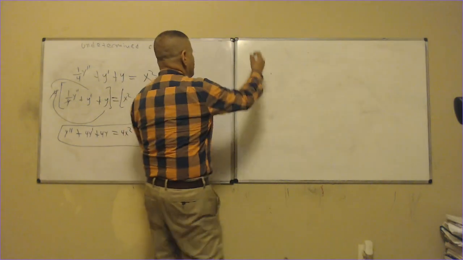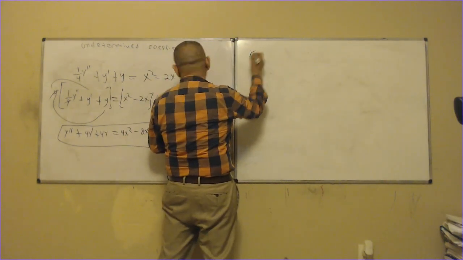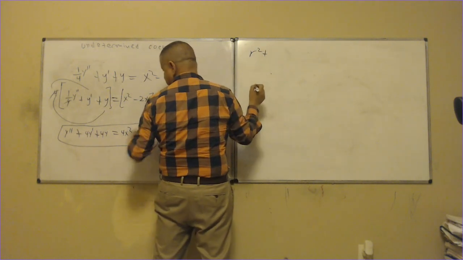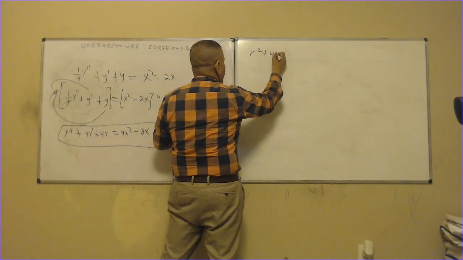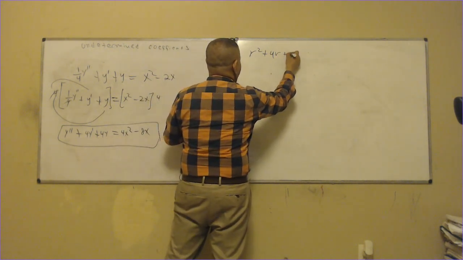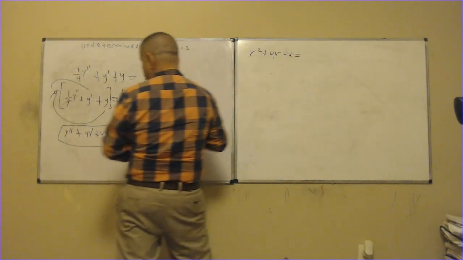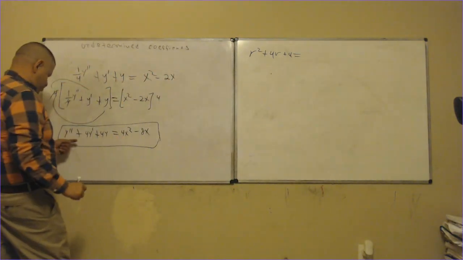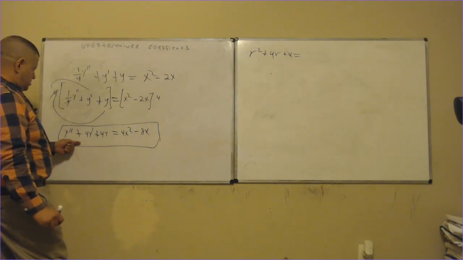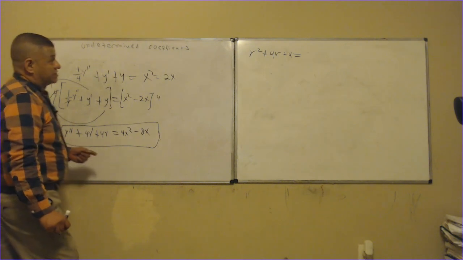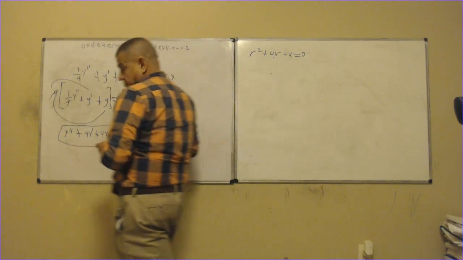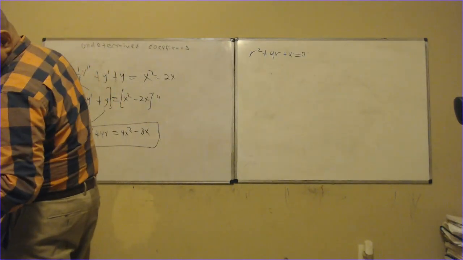So now we find that r squared plus 4r plus 4 is equal to 0. Hopefully I did this right, if I wrote the problem correctly too, because you've got to be careful with that.